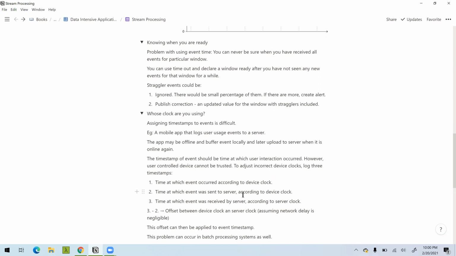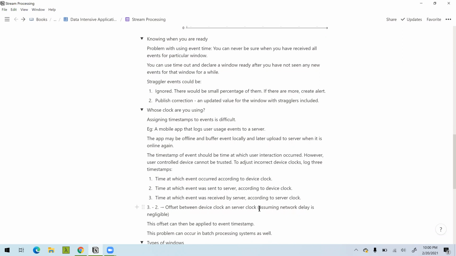But this has some assumptions. One assumption is that the network delay is negligible. That means you are syncing between 2 and 3. You are comparing the local time of your machine versus server time to determine the offset, and in that process you are not considering the network delay.